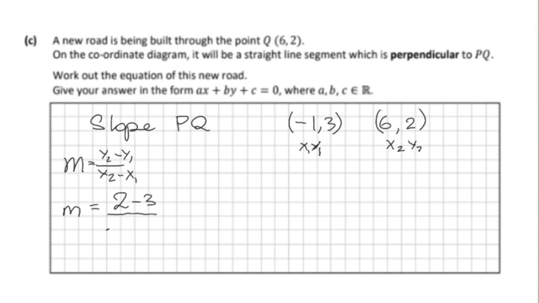So we get 6 minus, open your brackets when you're inputting a negative value, and let's use the calculator now, and we will get our slope of 7 below and 1 above, and it's all negative. So -1 over 7 is the slope of PQ. So it makes sense.